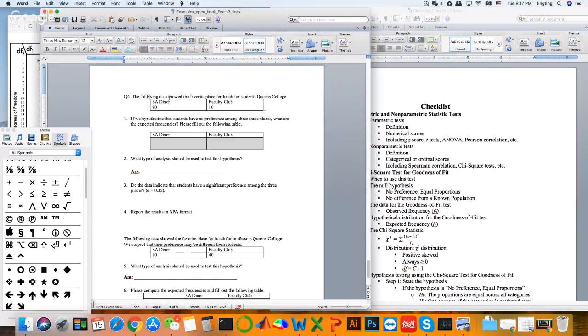The following data show the favorite place of lunch for students in Queens College.